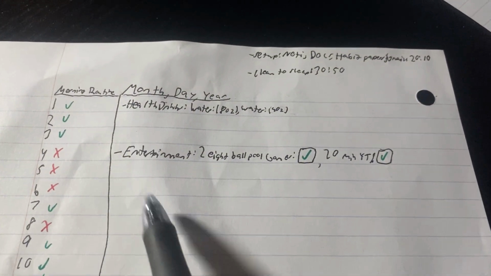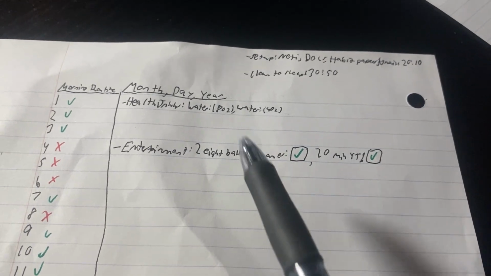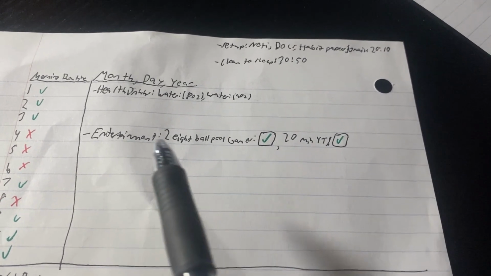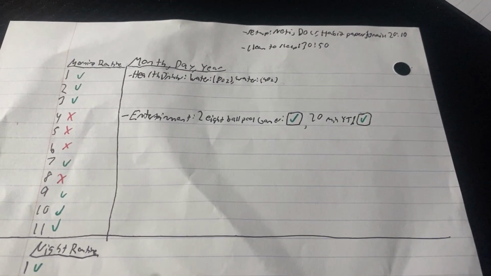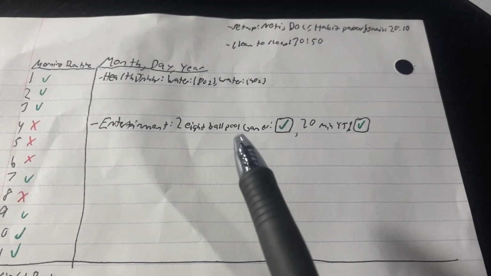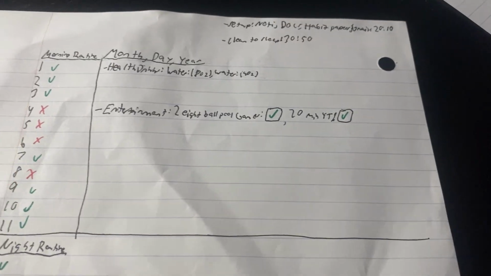We got our health drinks. So let's say water, we drink 8 ounces, and then water for 4 ounces, and hit your hydration goals, whatever they are. And then we got some entertainment examples: 2 8-ball pool games, done. 20 minutes YouTube entertainment, done.